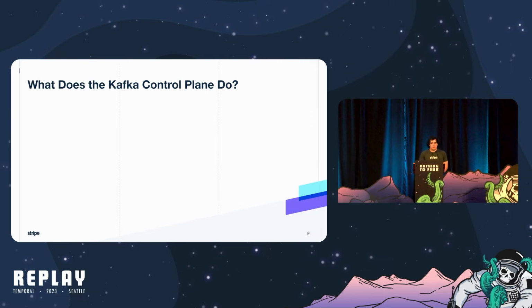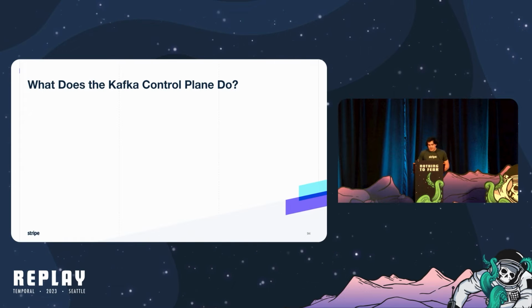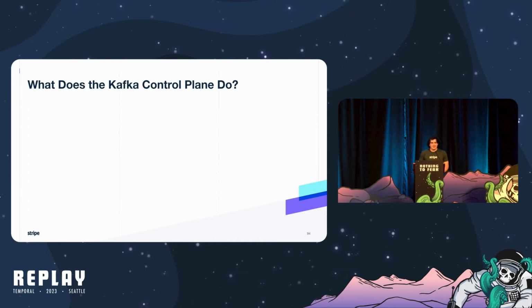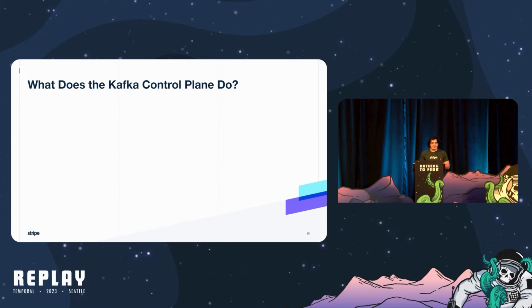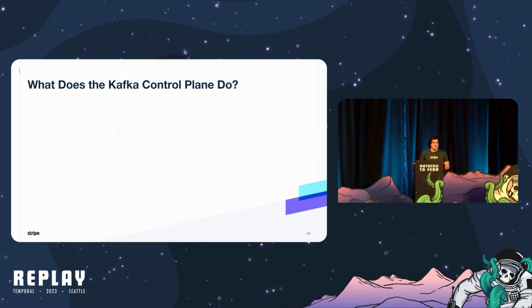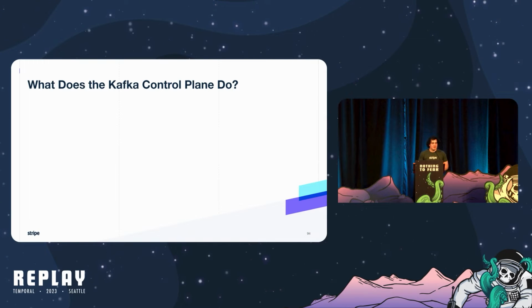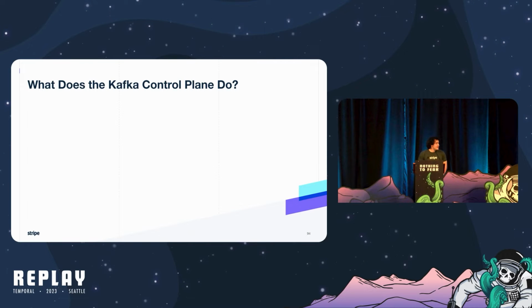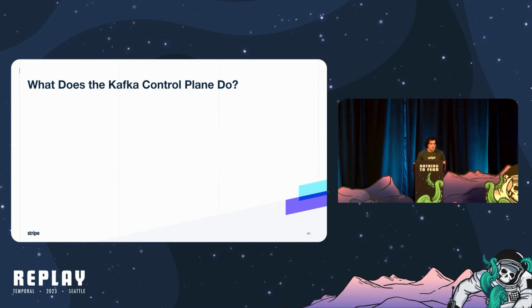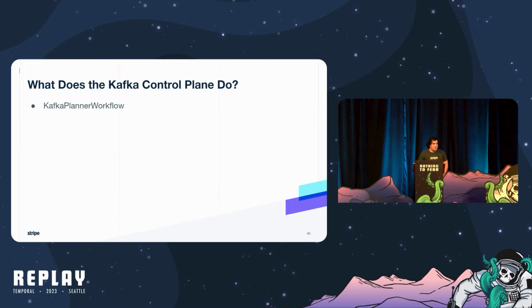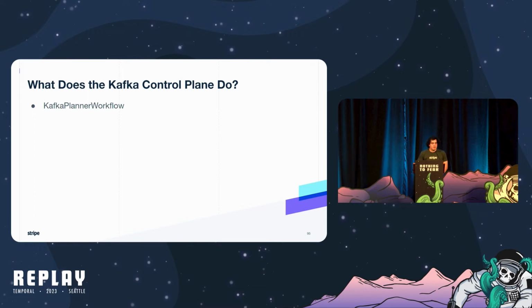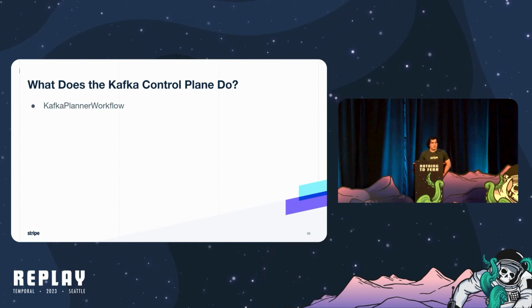So what does our control plane do? We have a ton of different workflows that we've included. Some make sense to use Temporal. Maybe some other ones don't really fit durable execution. But just to name a couple of them, we have our Kafka Planner workflow, like I said, that ensures the integrity of all of our Kafka clusters at Stripe.